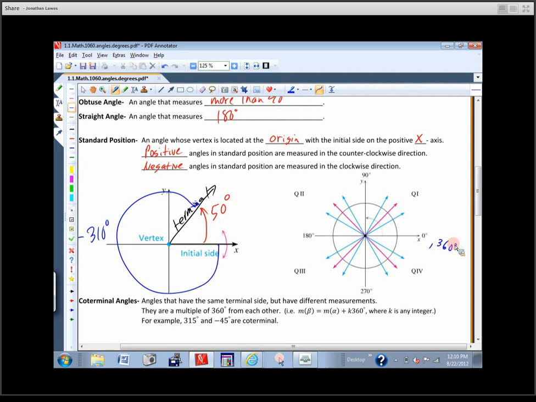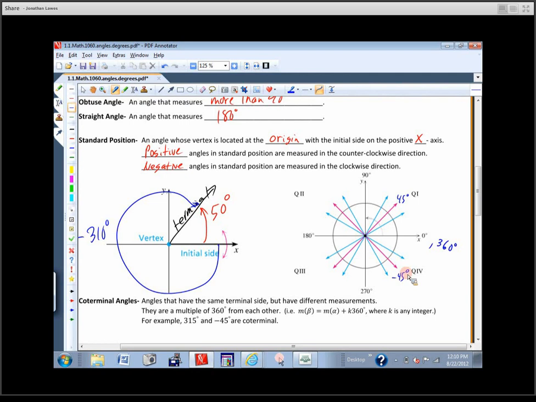So that positive side of the x-axis would equal 360 degrees as well. If we went a fourth of the way on the top half of the circle, this would be 45 degrees. If I went the other way, clockwise, what would this be? Negative 45.